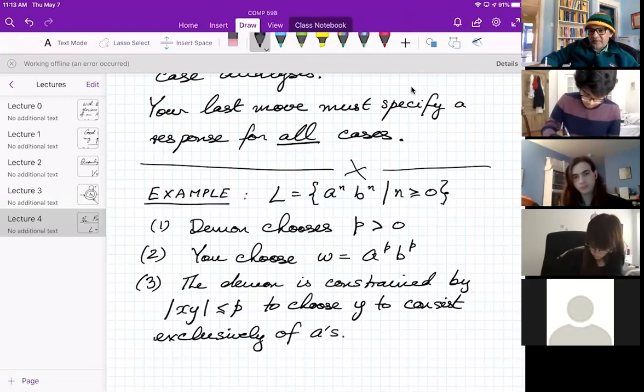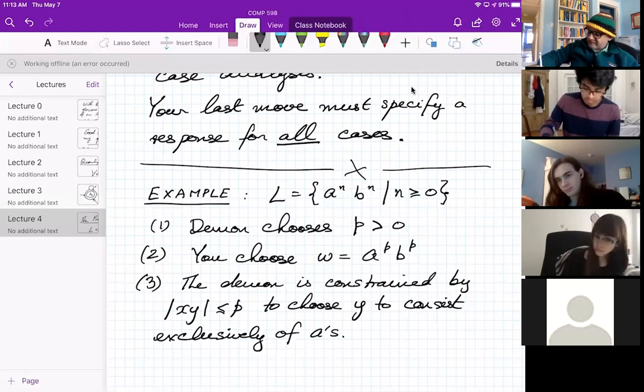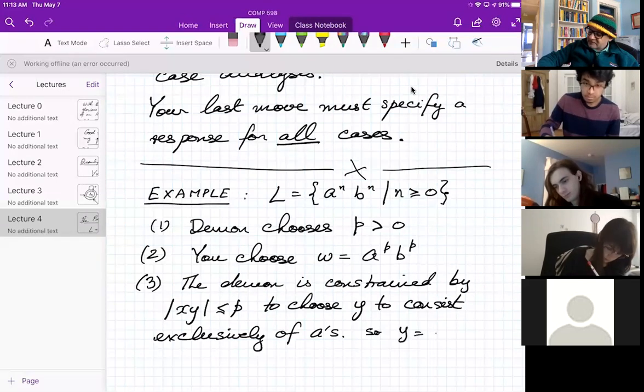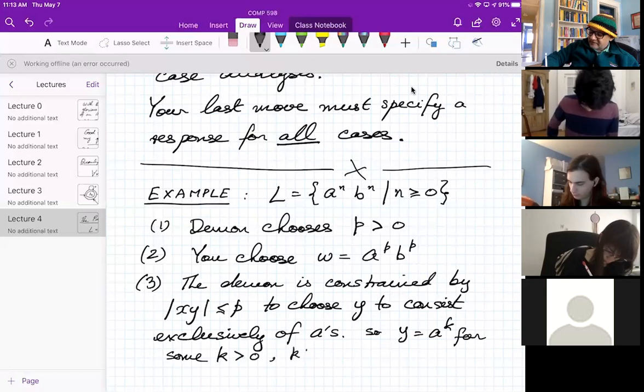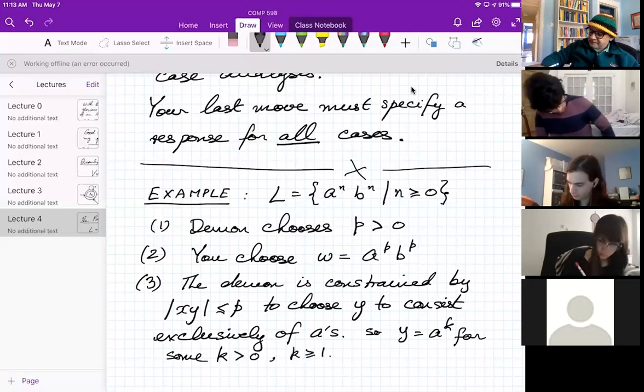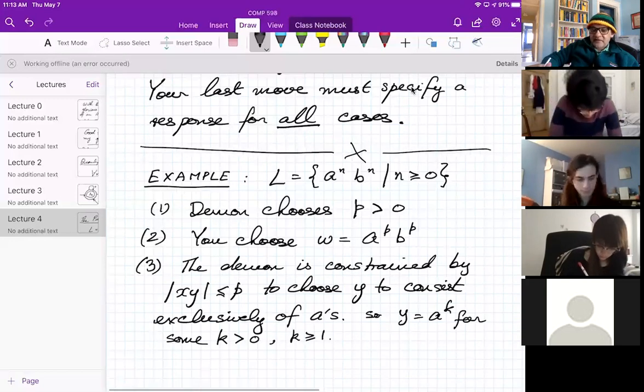Yes, because I chose my word so that the block of a's is already of length P. Since xy has to fit into the first P, y can only consist of a's, and y cannot be of zero length. So y equals a to the k for some k strictly greater than 0, so k is greater than or equal to 1. And the demon has no other choice.